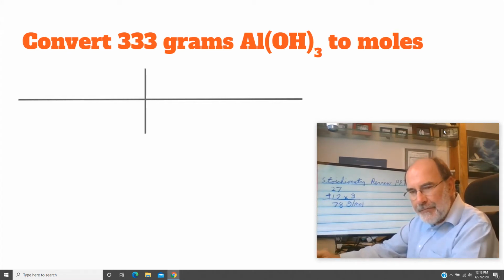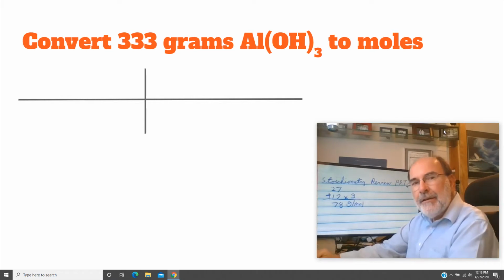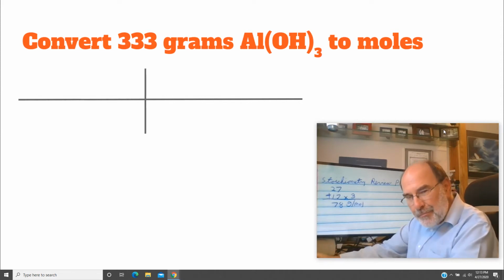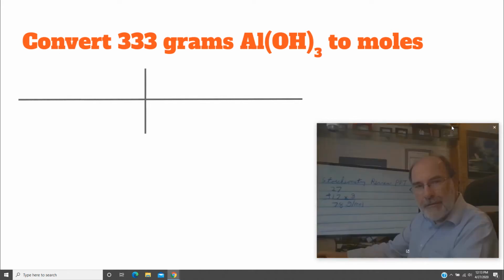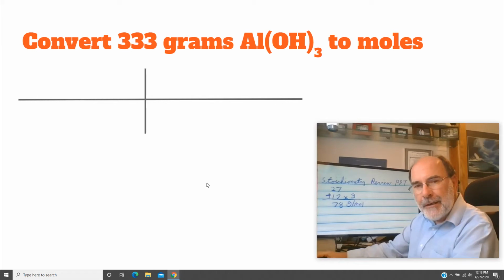Rounded off, 78 is about 80. 4 times 8 is 32. So 330 is more than 4 times greater than 78. So I'm expecting in my head an answer that's going to work out to be greater than 4 moles of this stuff.